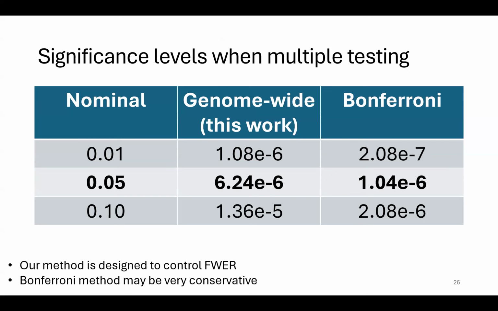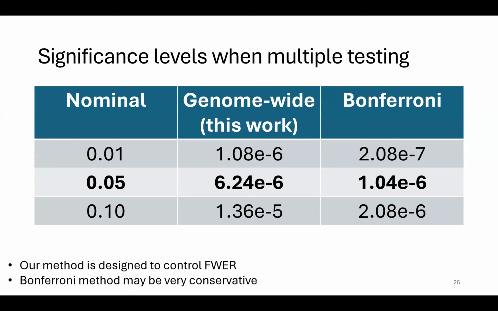And then on the far right, we have the Bonferroni method, where you just indiscriminately divide by the number of tests that you did. Comparing the far end to the middle column, we see that our threshold is at least 6 times larger than the Bonferroni method.